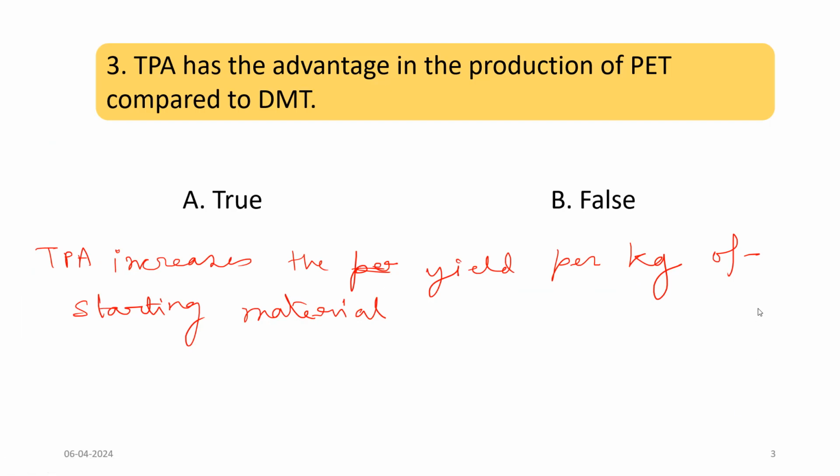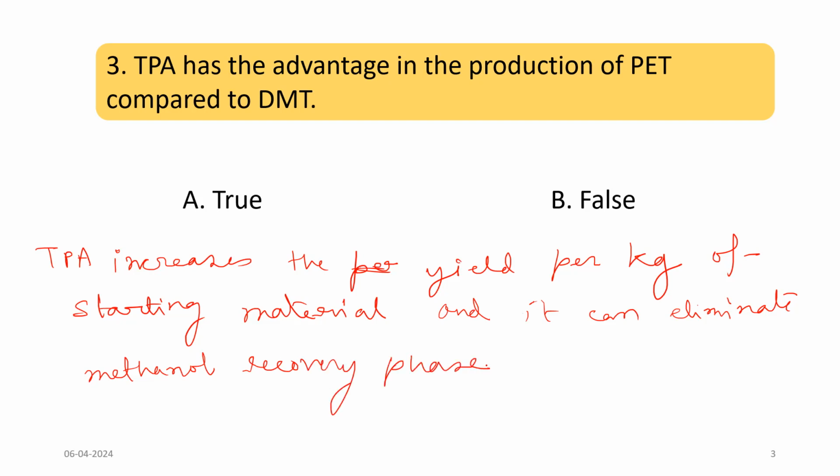TPA has the advantage over DMT because TPA increases the yield per kg of starting material, and it can eliminate the methanol recovery phase, which will obviously decrease the whole cost of the industry, right? So that is why TPA has an advantage in the production of PET compared to DMT. That is true.